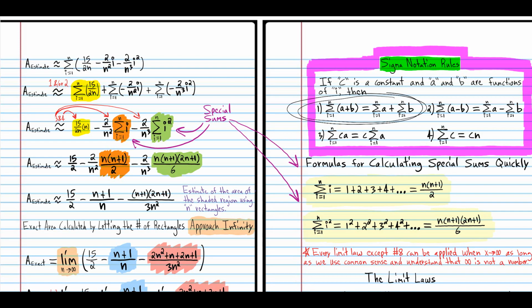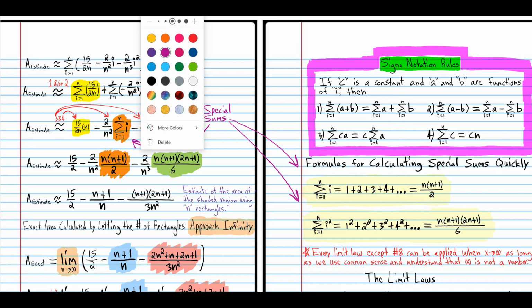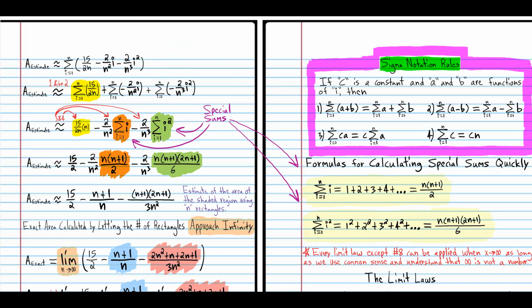A couple classes ago, we learned these sigma rules. If you're adding up the sum of two things, you can group them like so. It's just the sum of A plus the sum of B. So what that means is, for example, if you're adding 2 plus 4, and then you're adding 2 plus 4 again, and then 2 plus 4 again, well, you can put these 2's together into one sum.